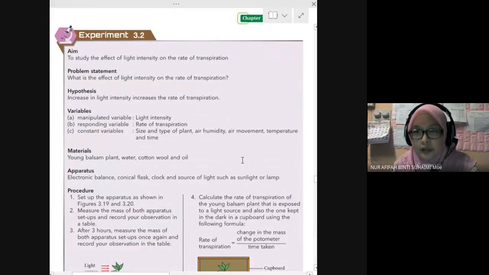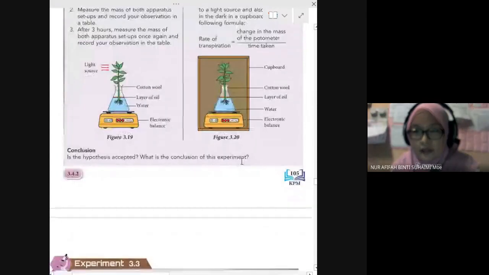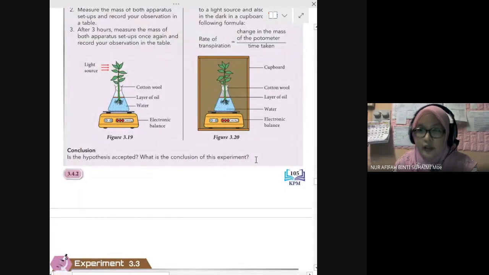Second, light intensity. For light intensity, we use two sets of plant. The first one with a light source in the lab, and this one in the cupboard. We see what happens to the final reading and initial reading.